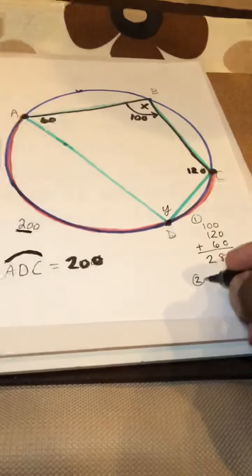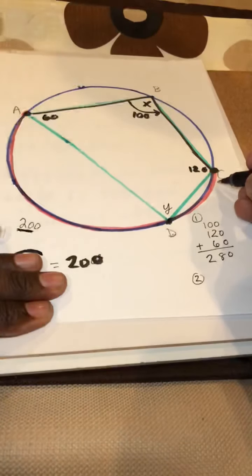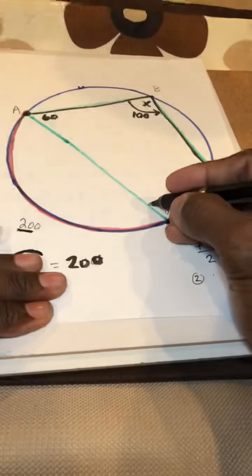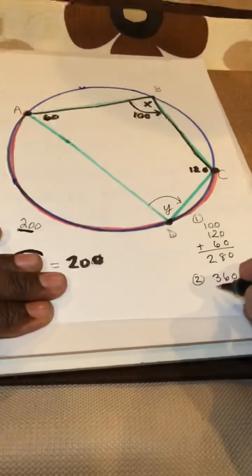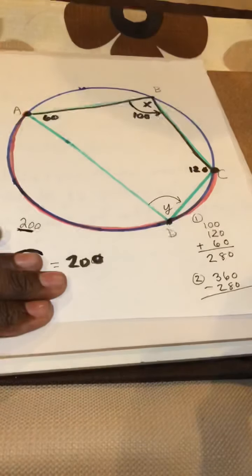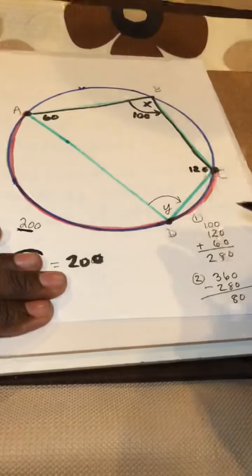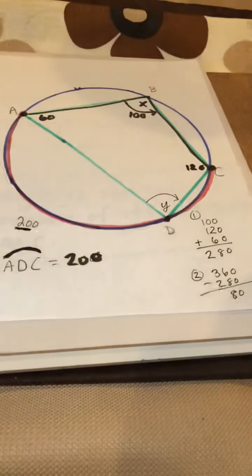And then step two, we're going to just use what we know to find y, okay? So we can do 360 minus 280, right? Which is 80. So the measure of y is equal to 80.